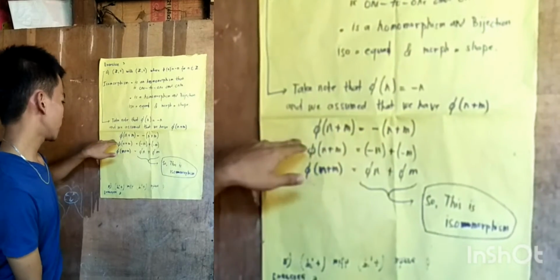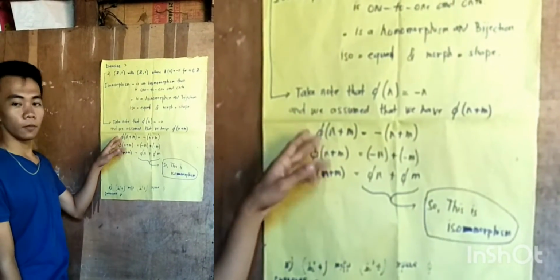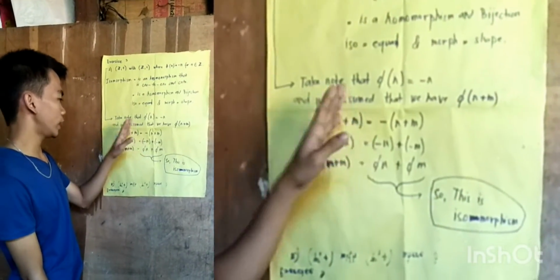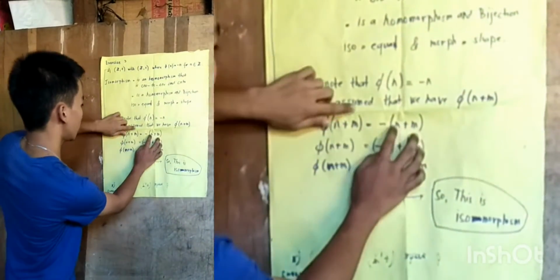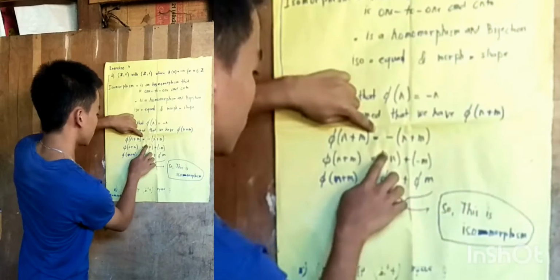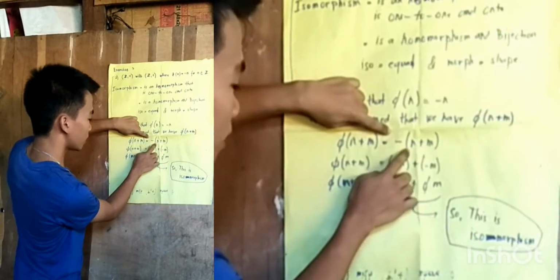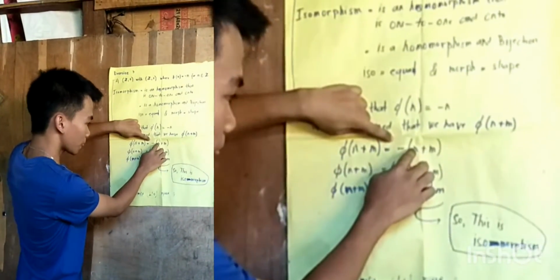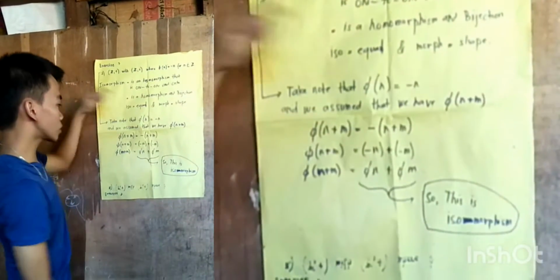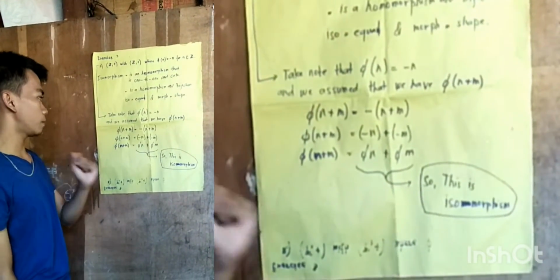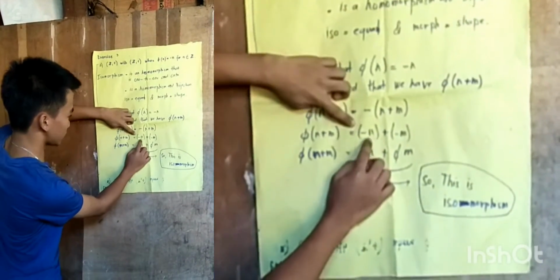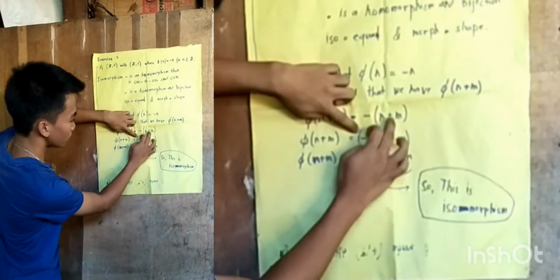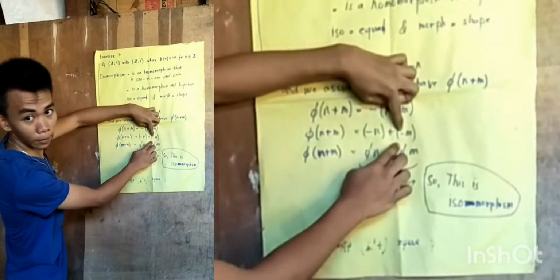So φ(n plus m) is equal to negative (n plus m), because we derive it from here. Using the distributive property in multiplication, we have negative n plus negative m.